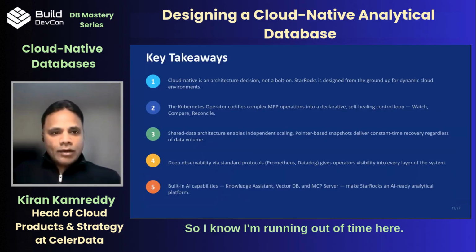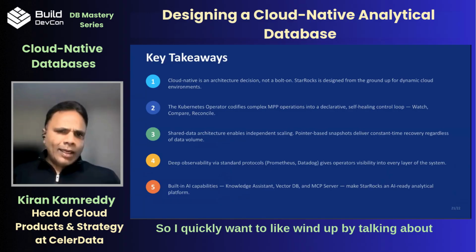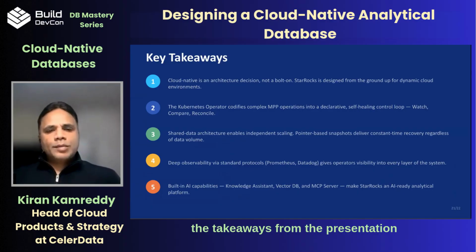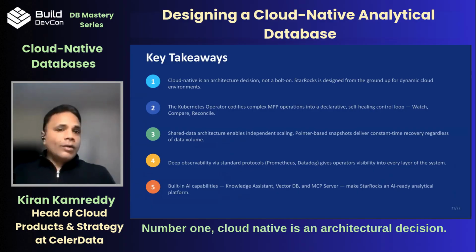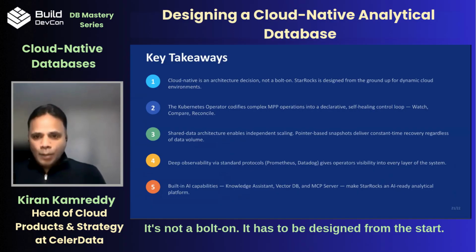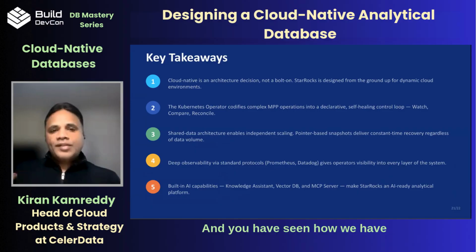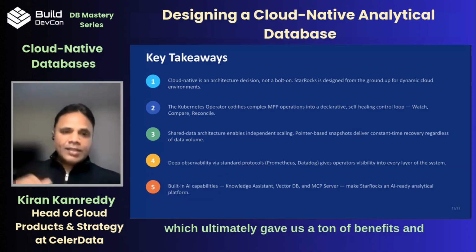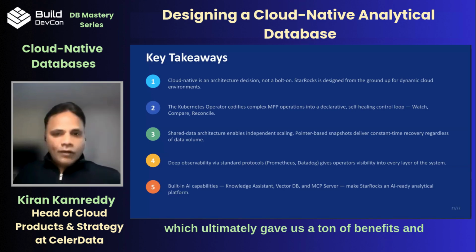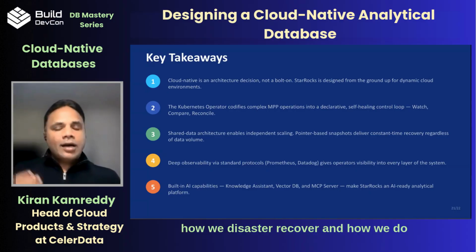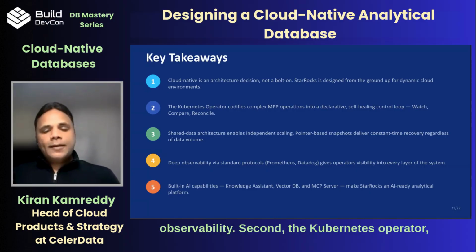I know I'm running out of time, so I quickly want to wind up by talking about the takeaways from the presentation today. Number one, cloud native is an architecture decision. It's not a bolt-on. It has to be designed from the start. You have seen how we have included it in our database architecture, which ultimately gave us a ton of benefits and advantages in how we scale, how we disaster recover, and how we do observability.